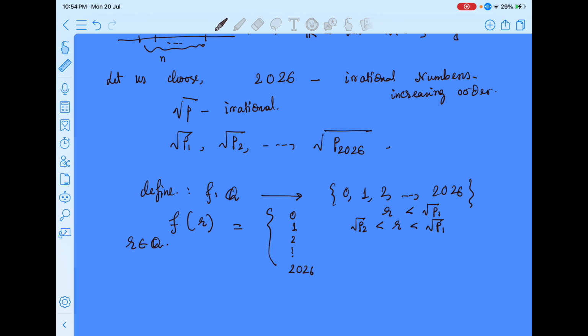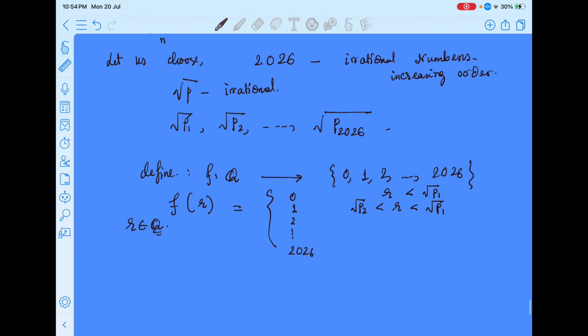See that r will not take the values root p1, root p2, because r is rational and we know these numbers are irrational. In this way you can continue this process.